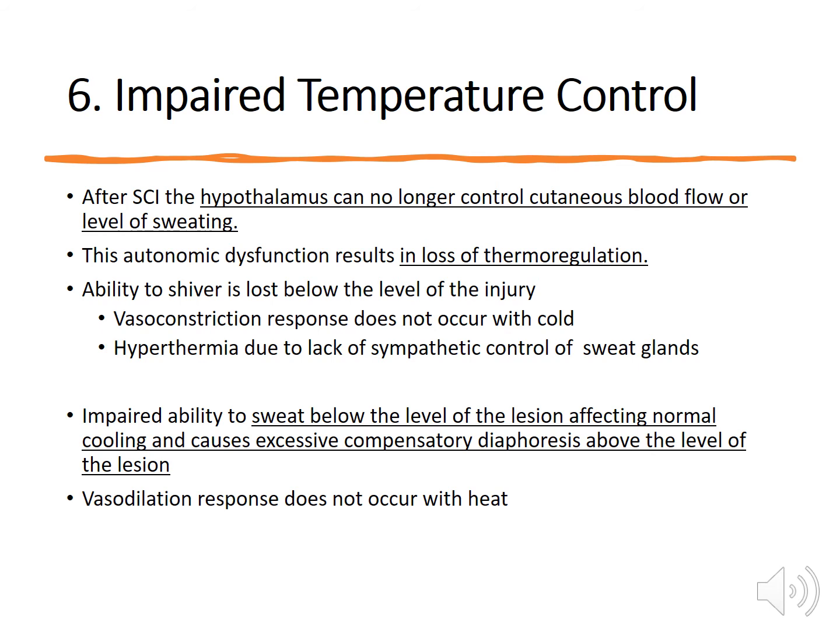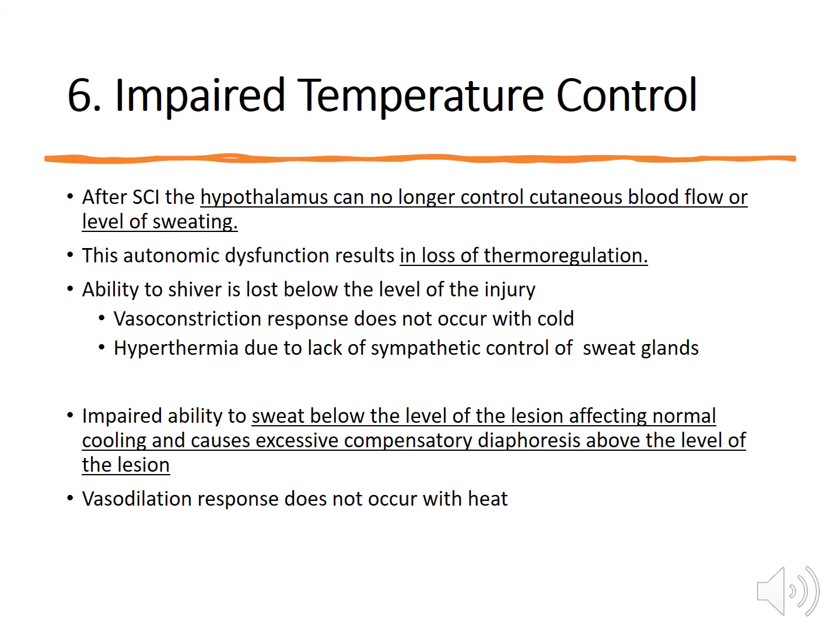The ability to shiver is going to be lost below the level of the injury. So vasoconstriction response does not occur with cold because the patient has impaired thermal regulation. Hyperthermia due to lack of sympathetic control of their sweat glands is also going to be present in these patients.